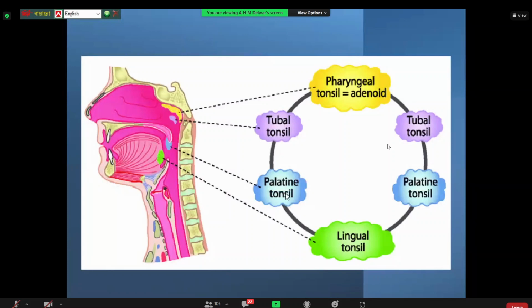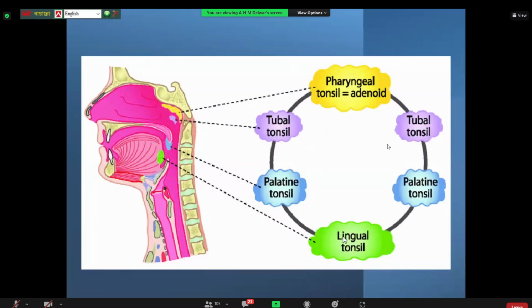Then go to the palatine tonsil. This is the most important tonsil, which I discussed in the previous lecture. There are two of them, and there is the lingual tonsil. The lingual tonsil is important. Many patients come to you because after tonsillectomy the lingual tonsil is sometimes enlarged, and the surgeon faces the problem.